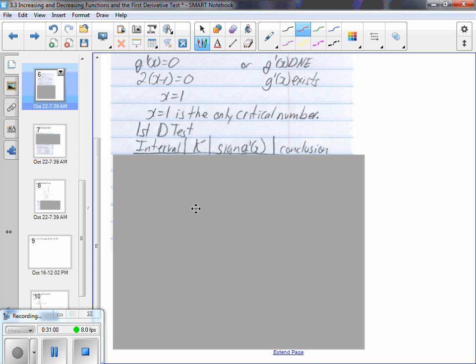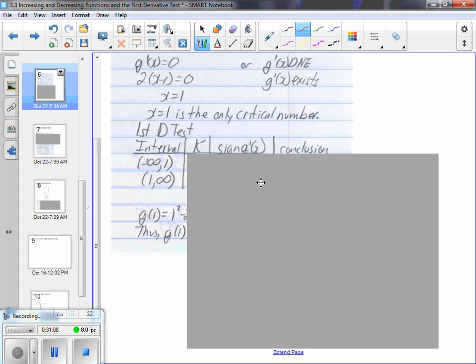Since that's the only time, that means our function is strictly monotonic from negative infinity to 1, and again from 1 to infinity. I don't know if it's always increasing from negative infinity to 1 or always decreasing from negative infinity to 1, but I do know for a fact it's always one of those.